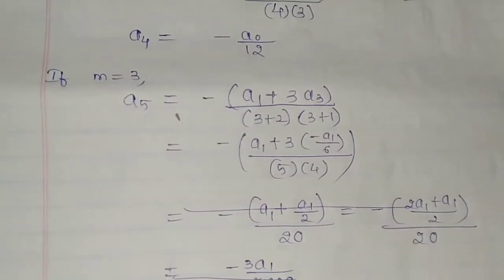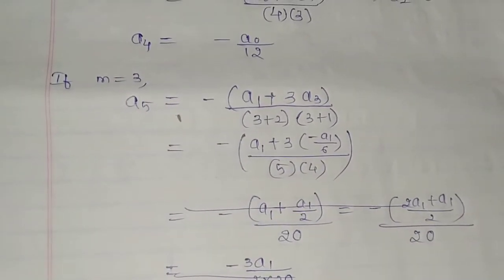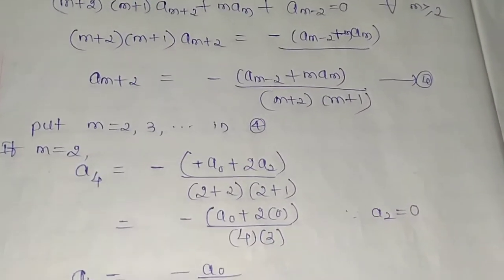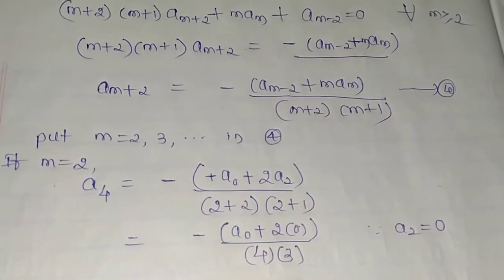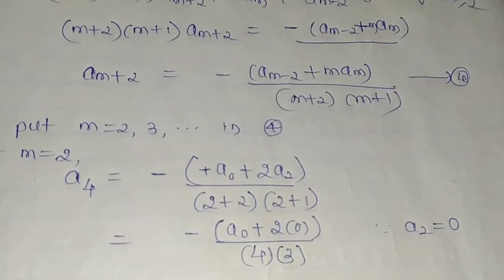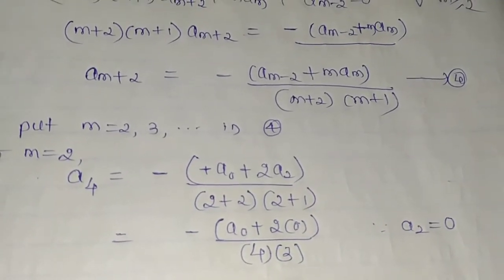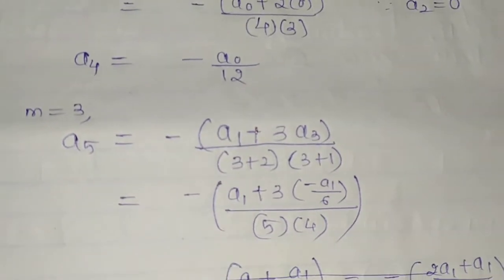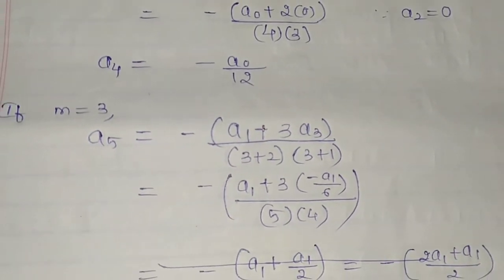Now we will substitute m is equal to 3 in equation number 4. Then we will get a(3 plus 2), that is a5, is equal to minus of [a(3 minus 2), that is a1, plus 3 into a3] divided by (3 plus 2) into (3 plus 1).